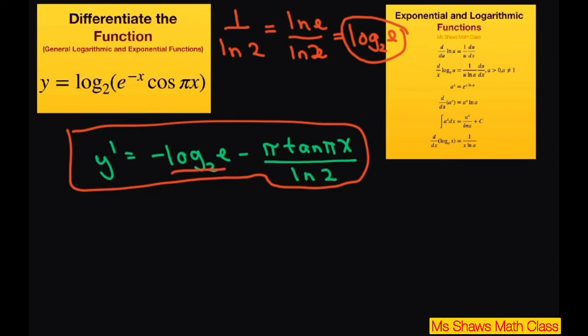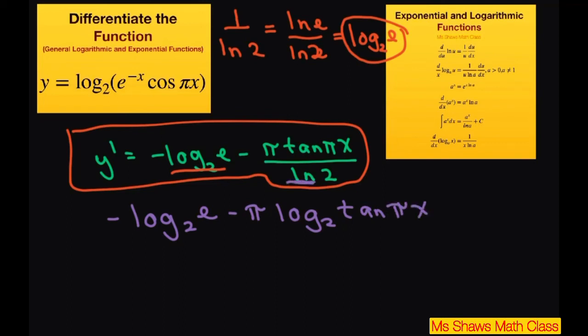So doing that, I rewrite this as negative log base 2 of e minus pi log base 2 of e times tan pi x. Now the reason I wanted to do that is now I have both my logs in the same form.